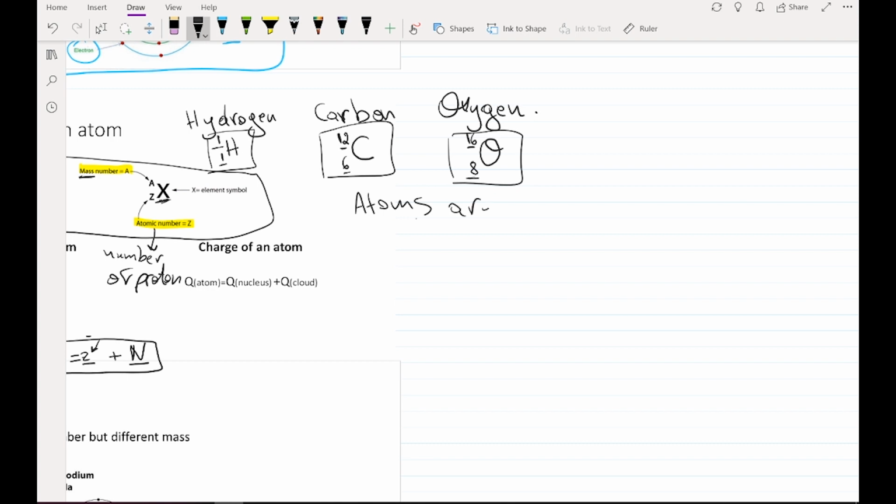Atoms are neutral. So the charge equal to 0. How to prove this? By calculation.